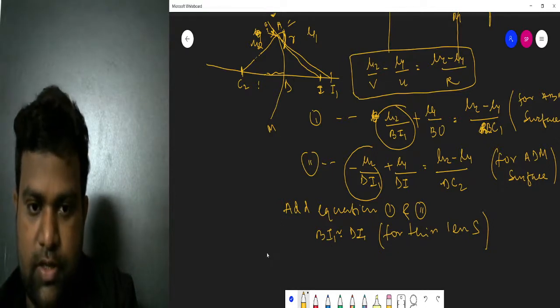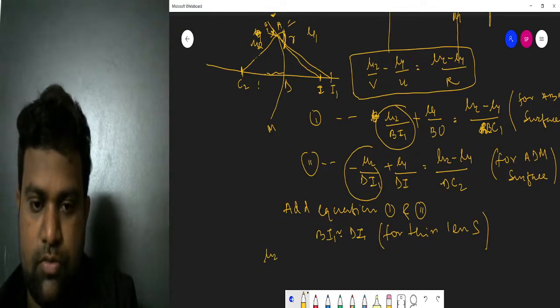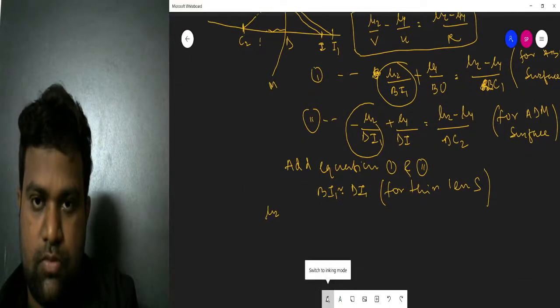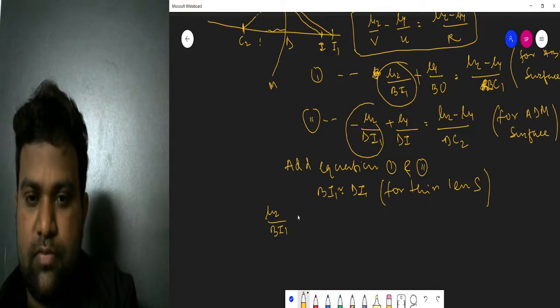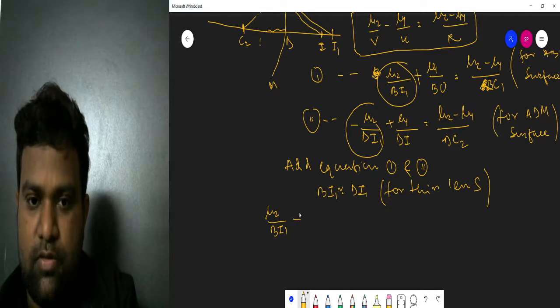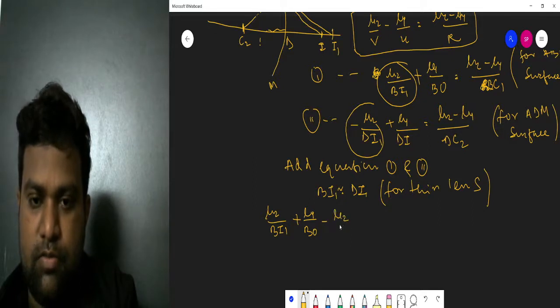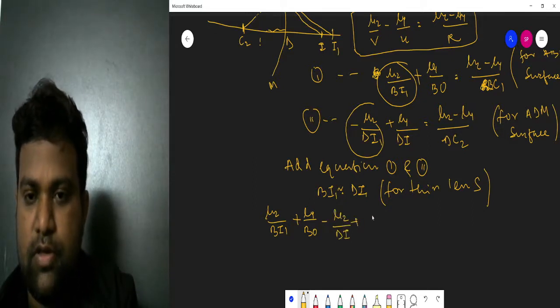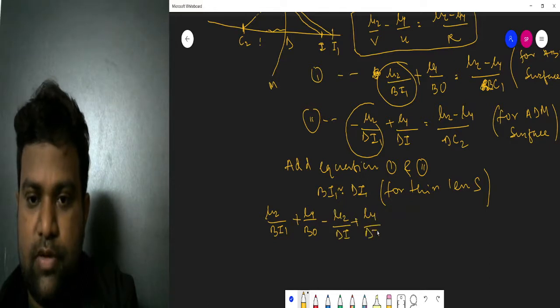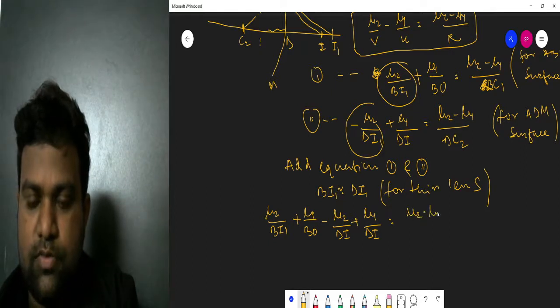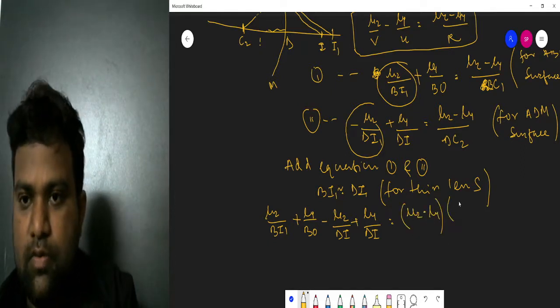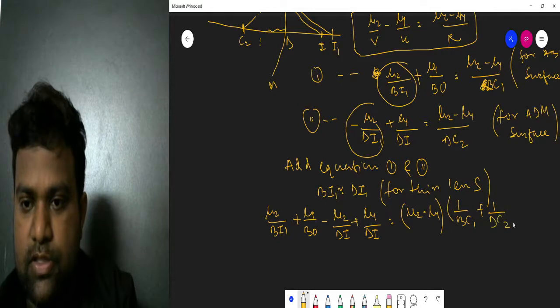So you can write mu 2 by BI1 plus mu 1 by BO minus mu 2 by DI1 plus mu 1 by DI equal to mu 2 minus mu 1 common, 1 upon BC1 plus 1 upon DC2.